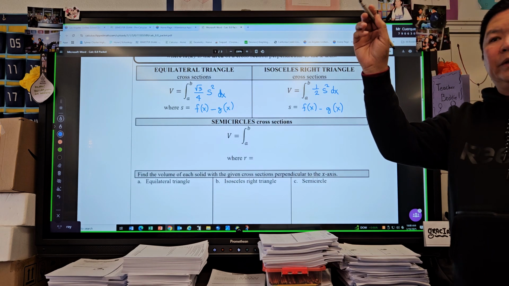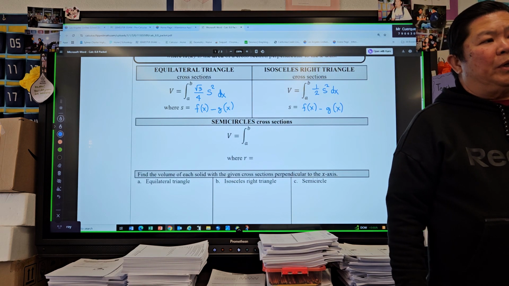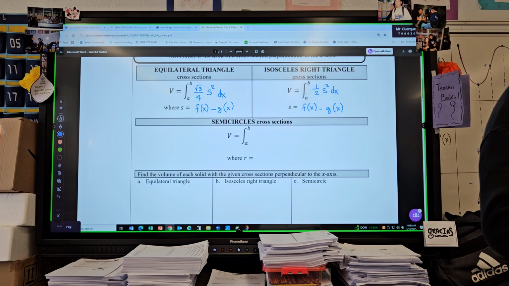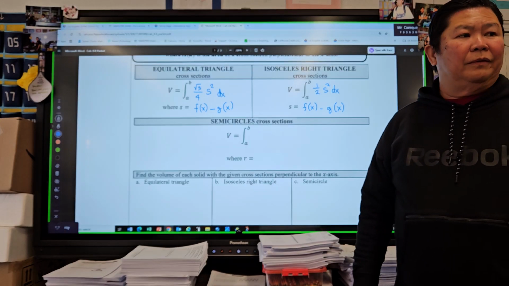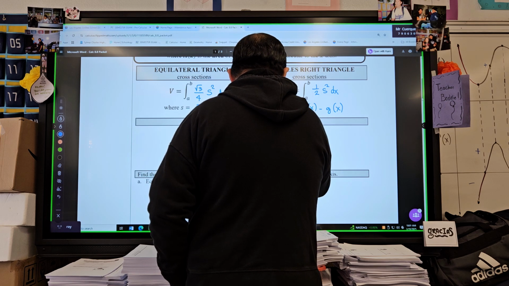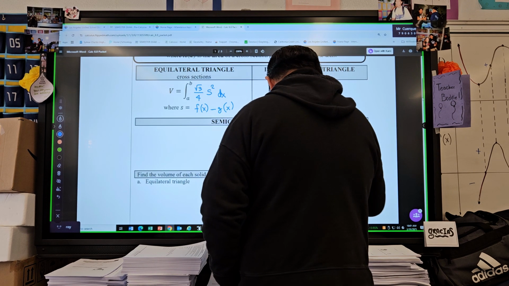Okay, how about semicircle? So we are only concerned with half of a circle, right? So what do you think is the formula for the entire full circle? Pi r squared. Okay, so pi r squared, right? But since this is semicircle, it's gonna be half. So half pi r squared dx.